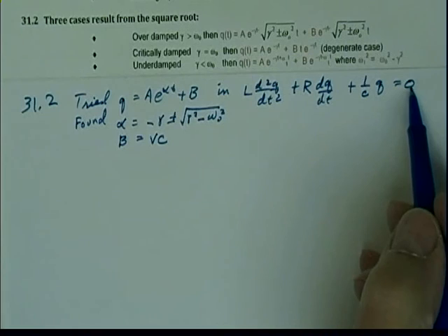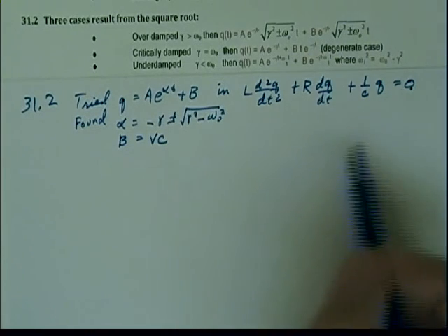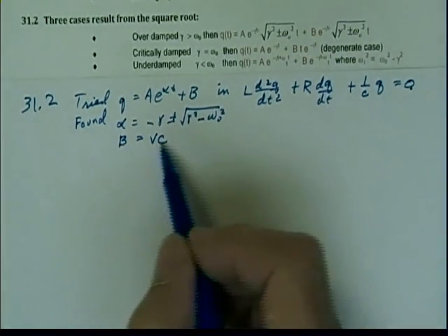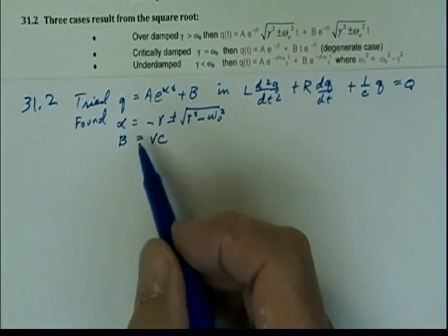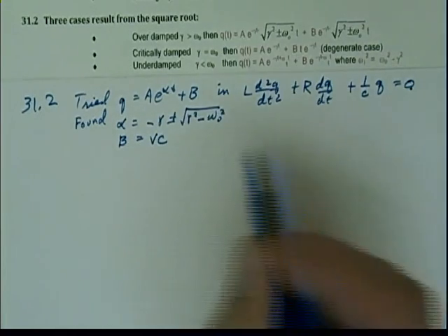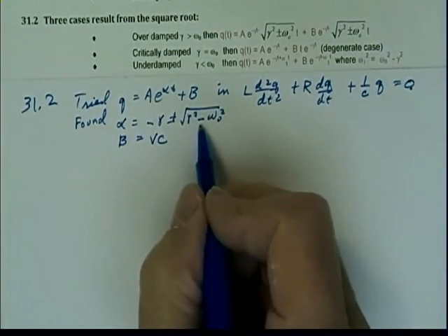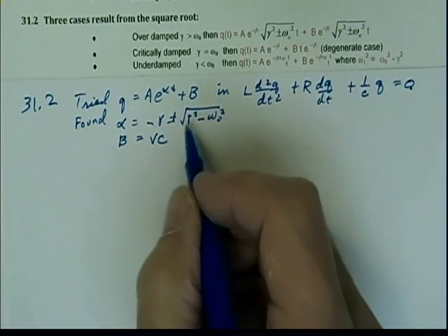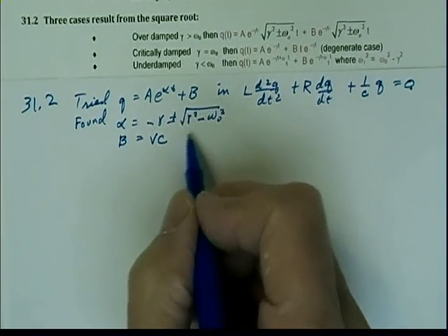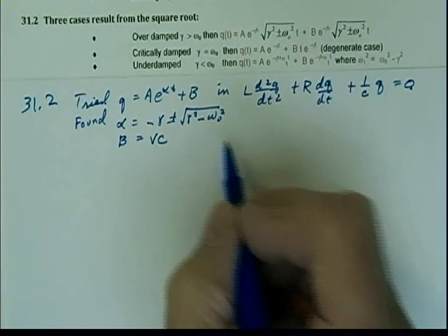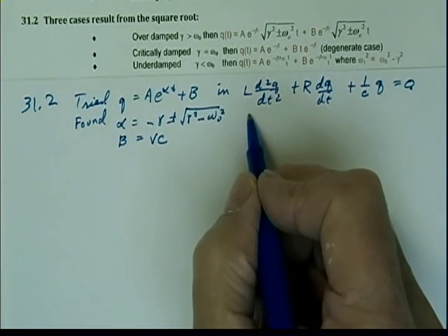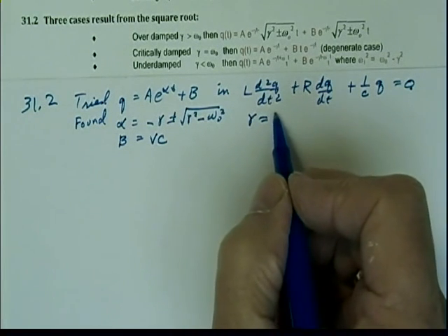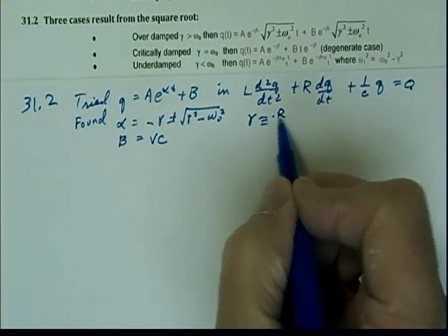If there's a V over here, there is no V, so we don't have a B here that's present because there's no V, so this term is 0 in this particular case. So we only have this term to worry about with no B. And we had two definitions. The first definition was gamma, and gamma was defined as, and this is a definition, R over 2L.